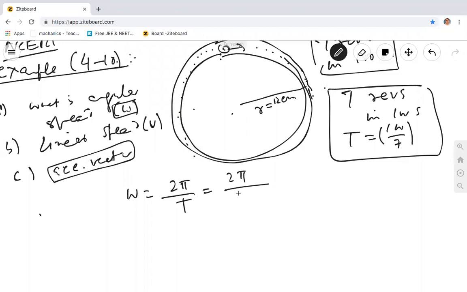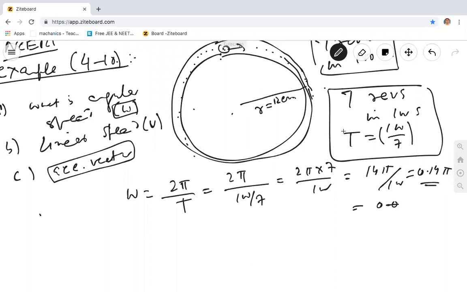It makes 7 revolutions in 100 seconds, so T is 100 by 7. So it is 2 pi into 7 by 100, that is 14 pi by 100, that is 0.14 pi.